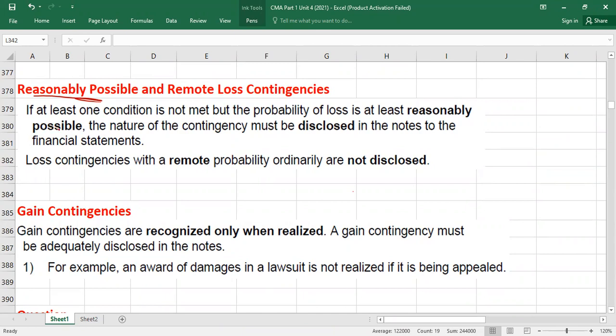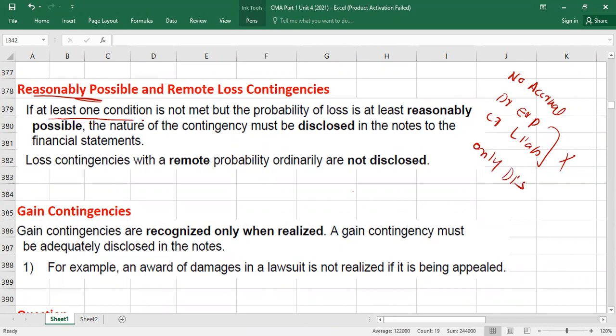No accrual is required. No accrual means no need to pass an entry, debit expense, credit liability. We don't need to record this. Only disclosure is required. This is what is written.